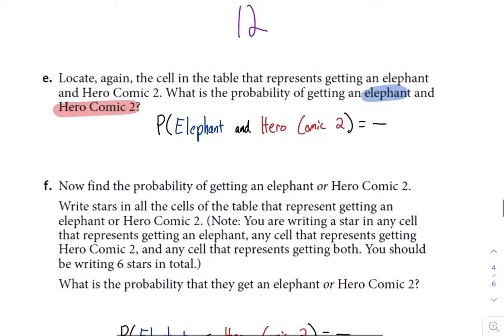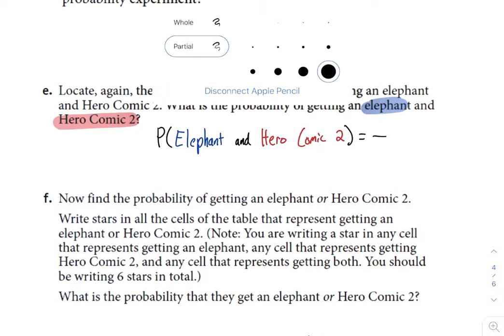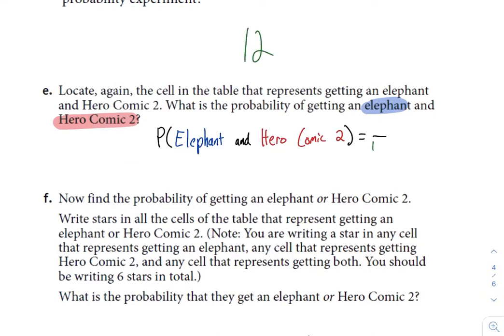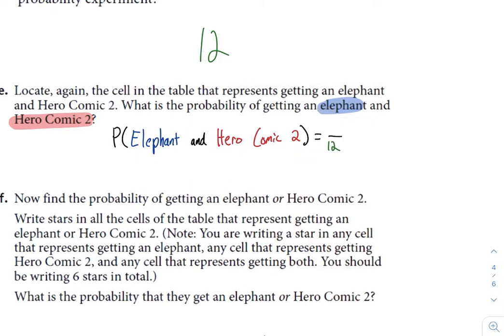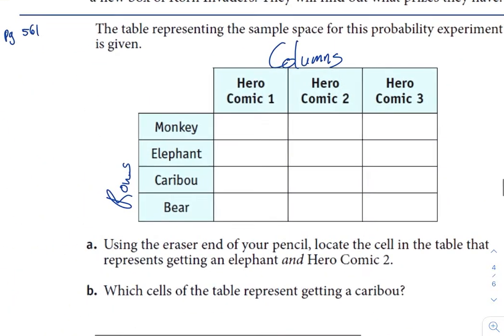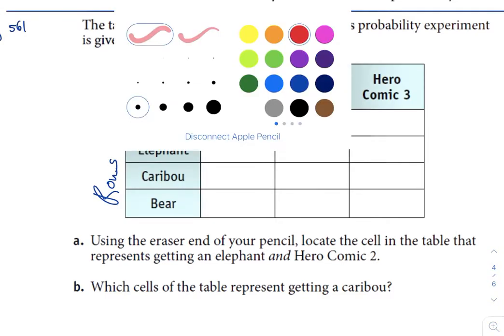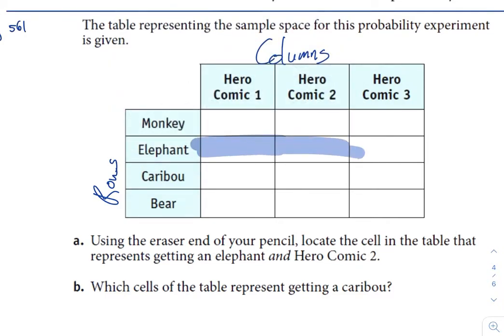We know that there were a total of 12 possible outcomes here. So that's going to be the denominator. Remember that denominator is always that total amount that you can have, in this case, 12. So now what we need to do is go back up and find out how many elephants and Hero Comic 2 there are. So this kind of goes back to that first problem. I'm going to have to find elephants, which is this row, Hero Comic 2, which is this column.